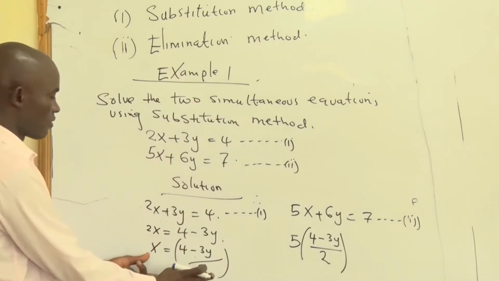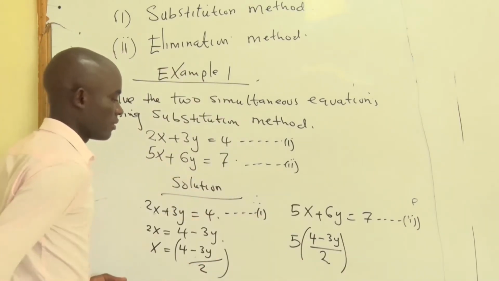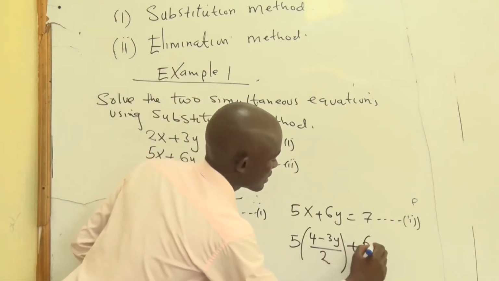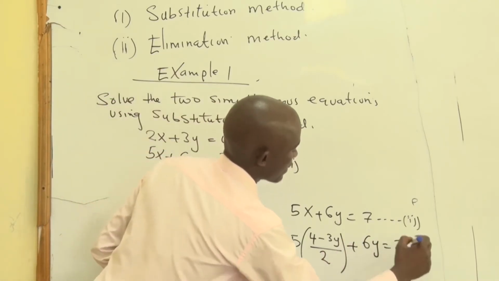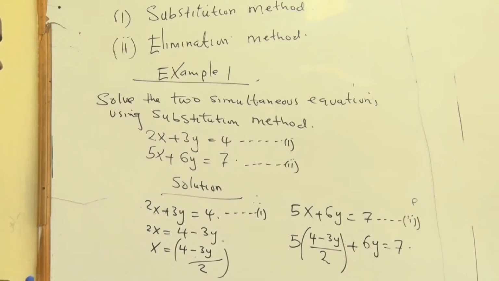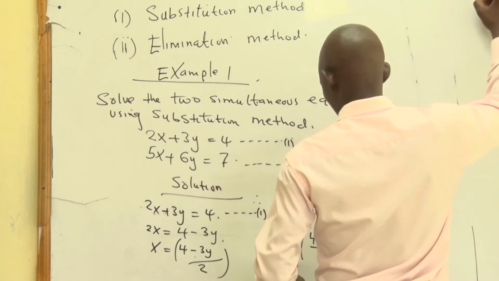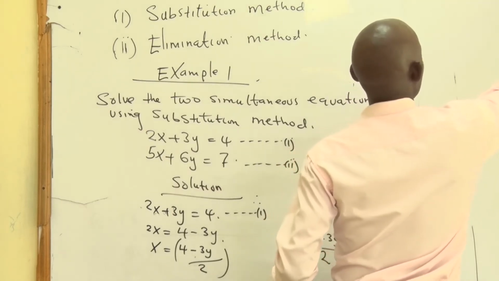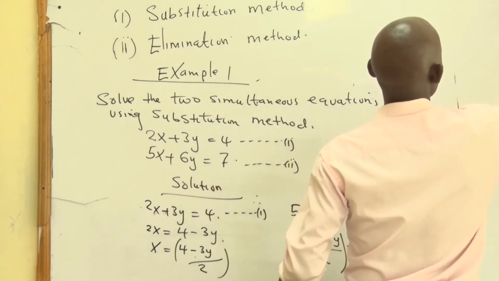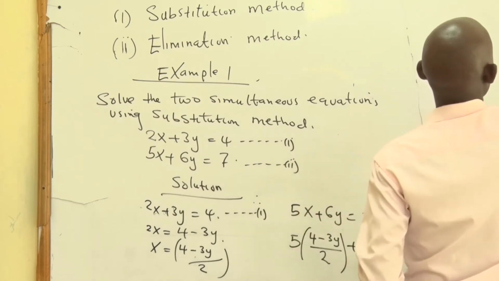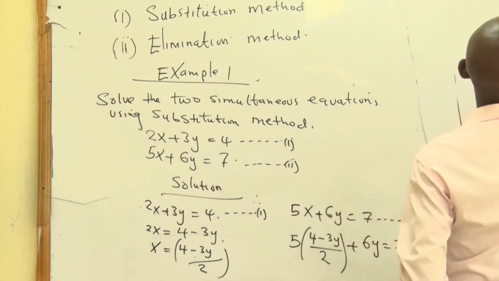Remember, this value of x has been replaced here. Plus 6y is equal to 7. So we are having 5 into 4 minus 3y all over 2 plus 6y is equal to 7.